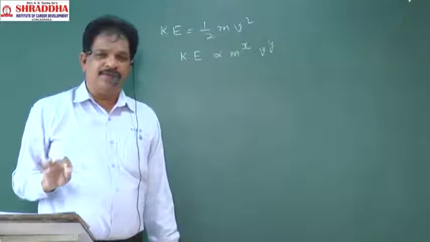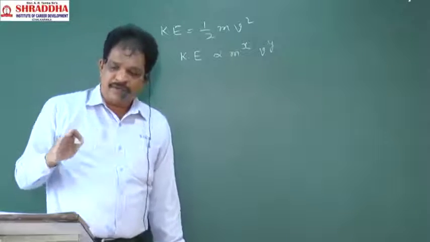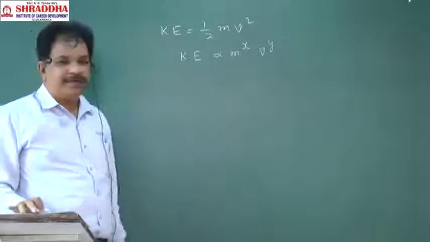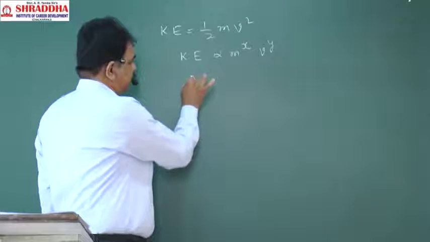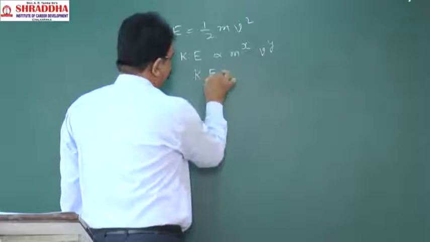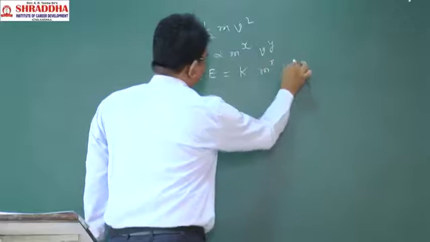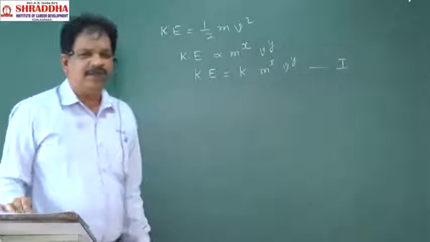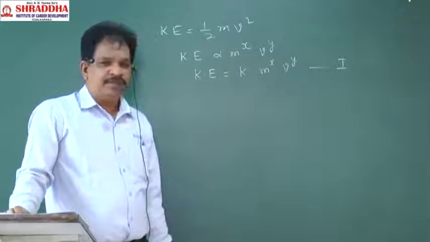Like that you have to proceed. You first have to know what quantities this quantity depends on. Then KE is equal to some constant K into m power x v power y. Let it be equation 1.